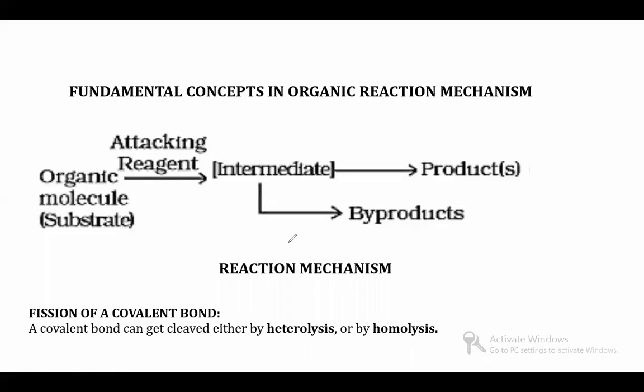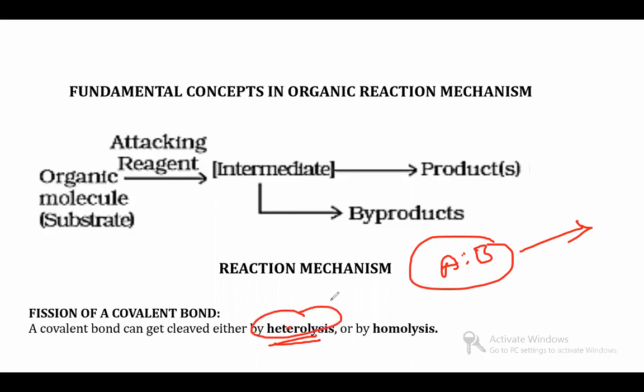If we take any organic molecule, AB is the substrate. In the presence of an attacking reagent, it should cleave, that is, break the compound, either equally or unequally. Heterolytic is unequal cleavage; homolytic is equal cleavage.